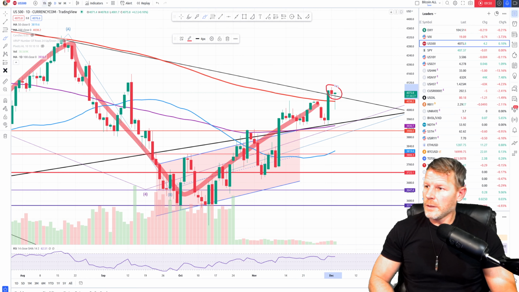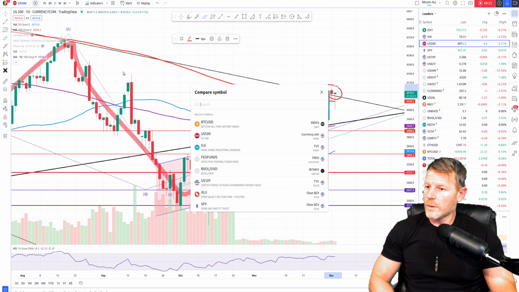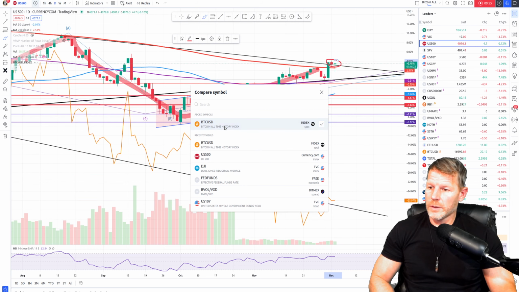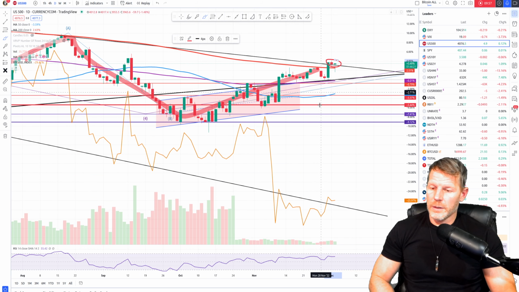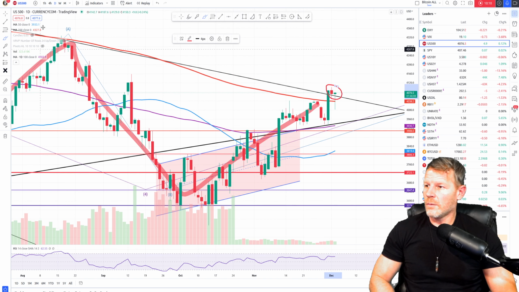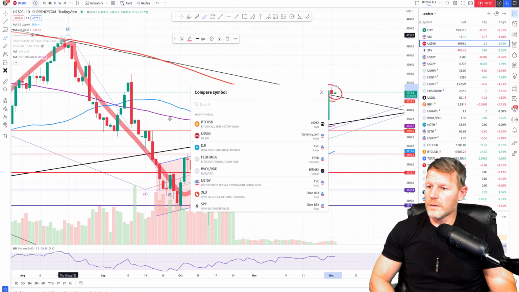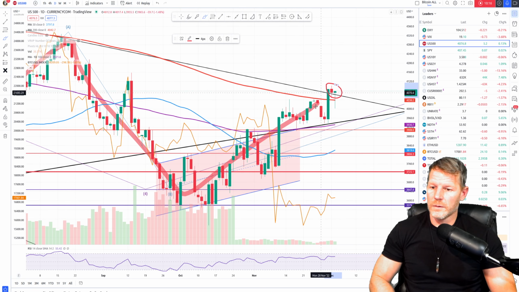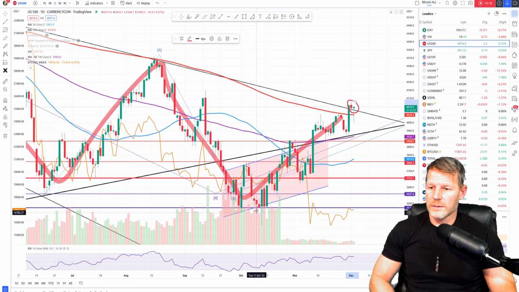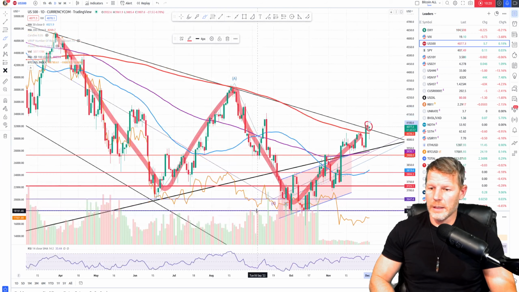But in the meantime, my point was, I wanted to put Bitcoin up, the disparity we are seeing between price action in the S&P and crypto. You can see that's not the way I wanted this to chart out. Hang on one second, guys. Bear with me as I do this live. I'm going to do new price scale and then close this out. That's a little bit better, I guess.